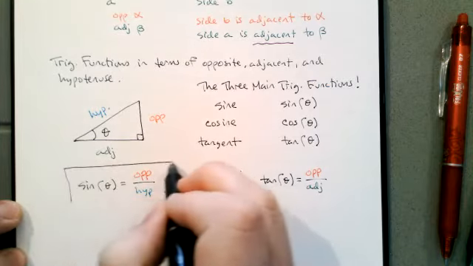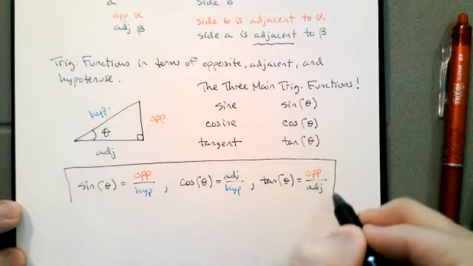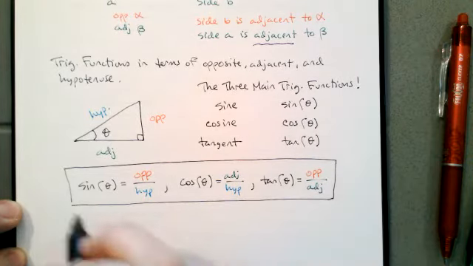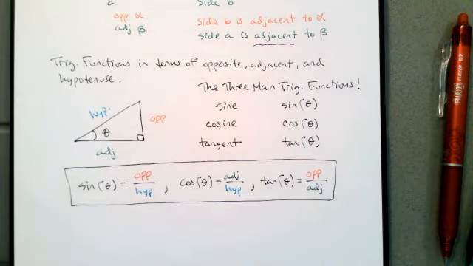There are mnemonic devices to help you remember which one is which. My favorite mnemonic device for remembering which one is which is to say, sine is opposite over hypotenuse, cosine is adjacent over hypotenuse, tangent is opposite over adjacent. I know that's just me saying the thing that I want to remember, but that's just how I remember it.